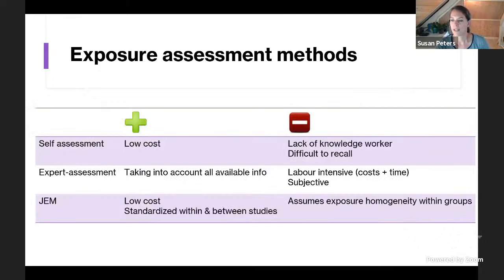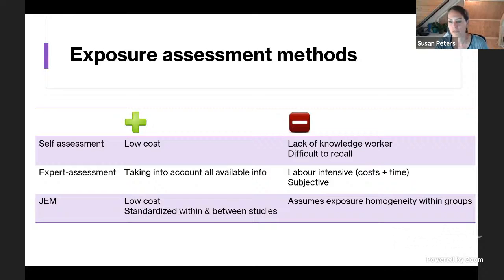So if we compare these three methods, of course, self-assessment is good because it's relatively low cost, but the problem there is that you have to depend on the knowledge of the worker. They have to know the specific exposure, but it's also difficult for them to recall what they actually did.